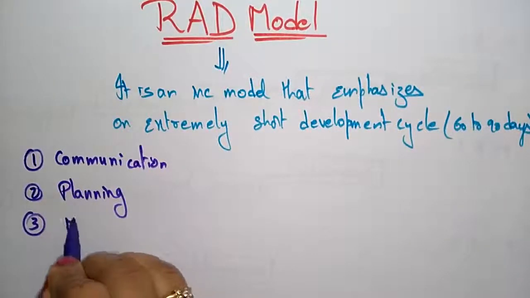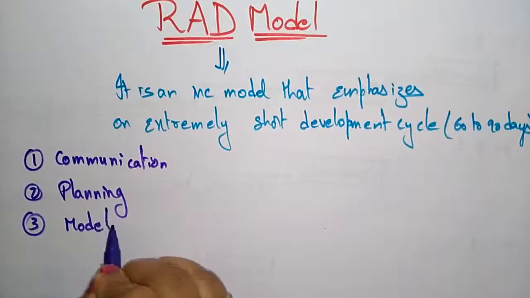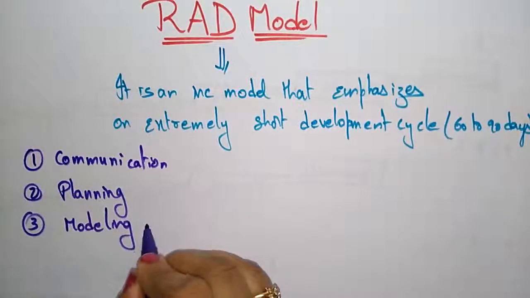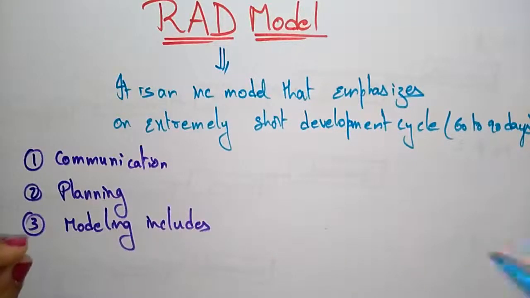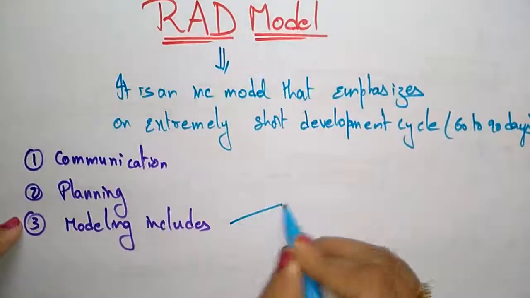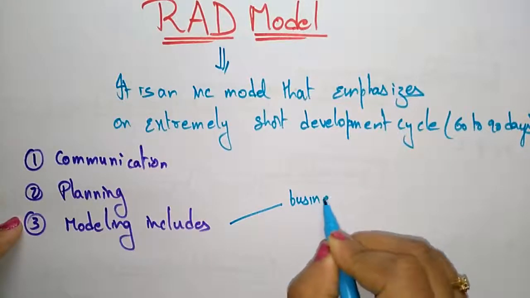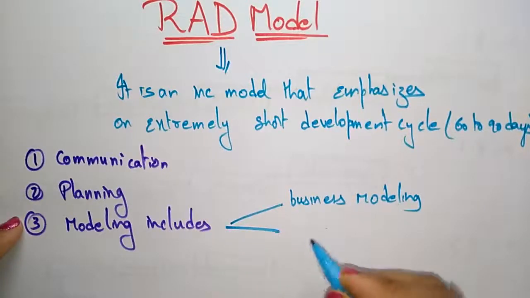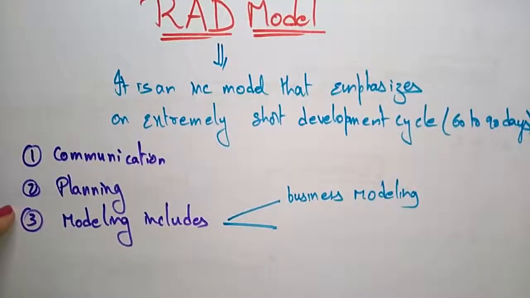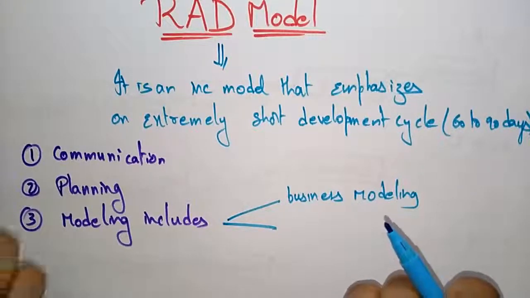After planning, the developer models the project. In the RAD model, the modeling includes business modeling, based on the usage of the customer and on the person who is developing the process.